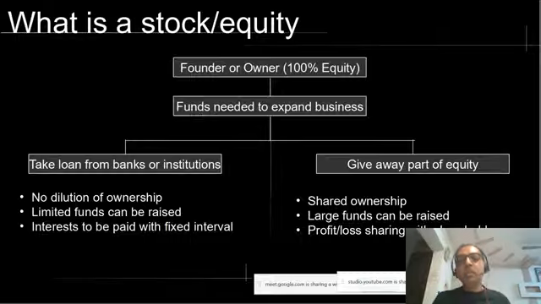Also, another benefit is, in the loan case, that owner has to pay a fixed amount of interest, right? However, as the ownership is getting diluted in the equity model, the profits are usually shared, right? Losses being shared.